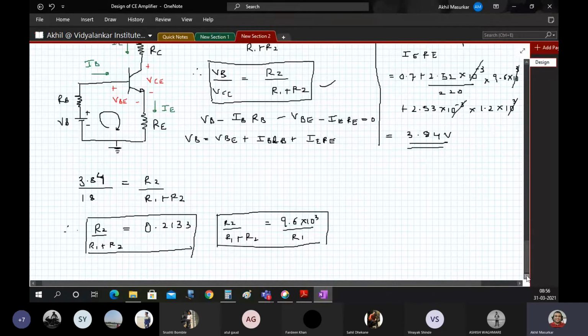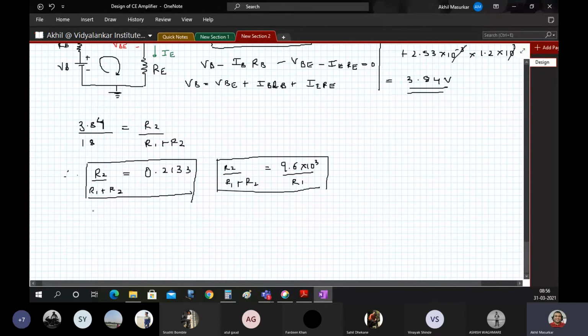So from these two equations, 0.2133 is equal to 9.6 into 10 raised to 3 upon R1. So R1 is equal to something.